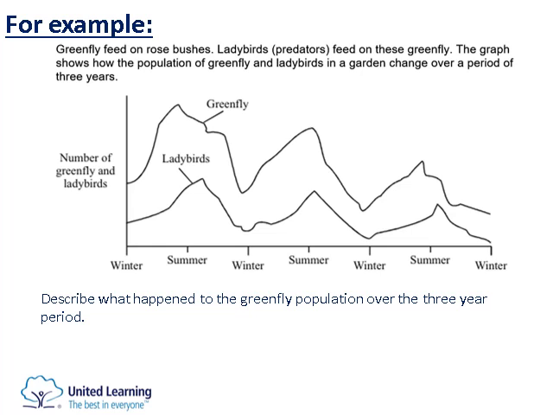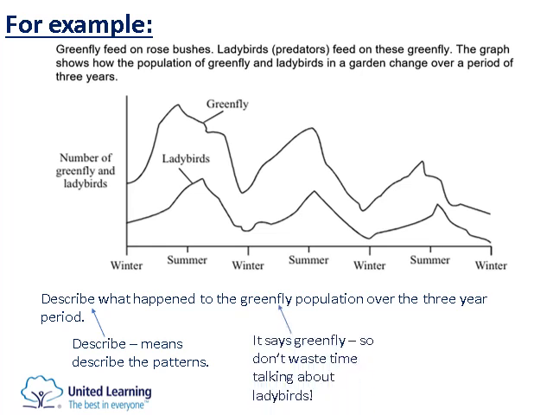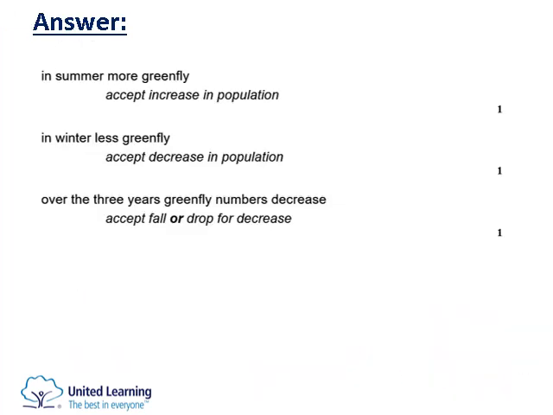It's asking me to describe what happened. So that means describe the patterns very vaguely using specific labels from the axes. I'm only talking about the greenfly, so I don't need to look at the ladybirds at all. And I only need to look over a 3-year period.